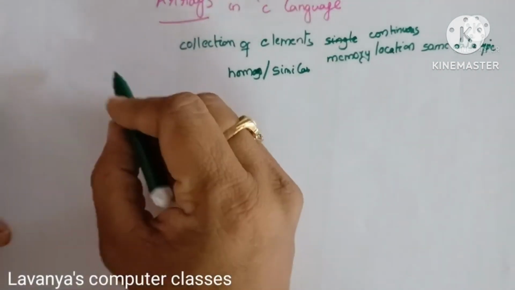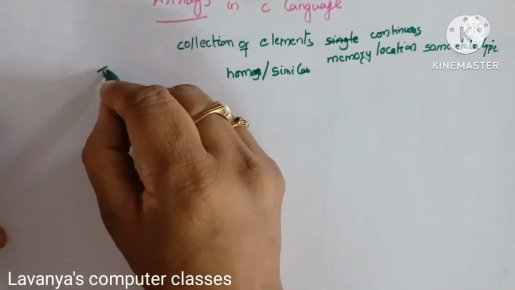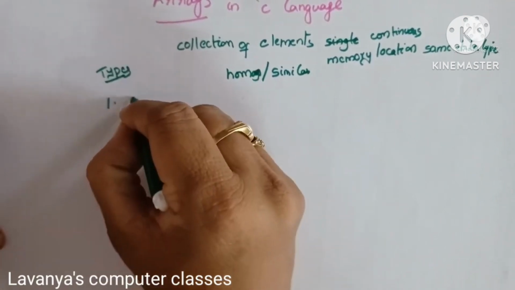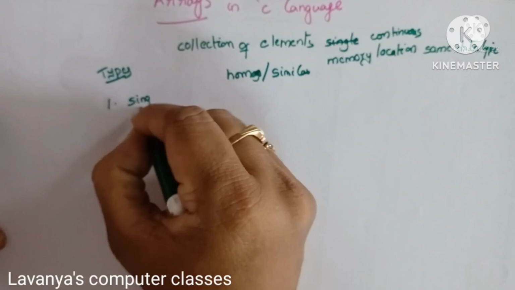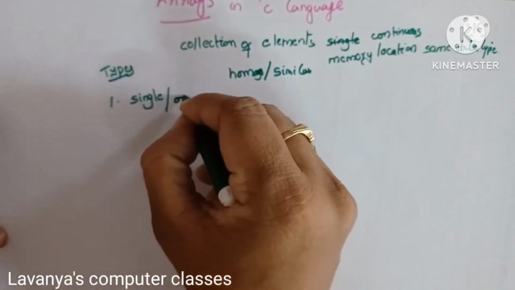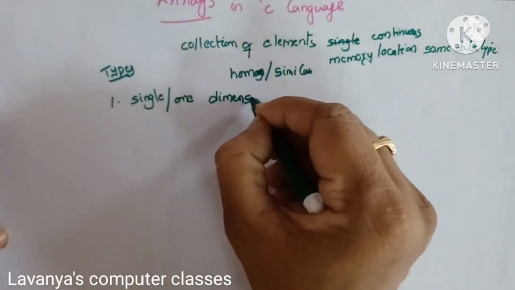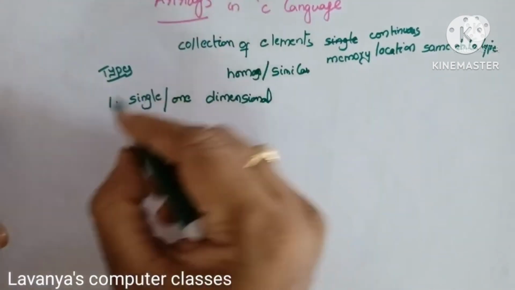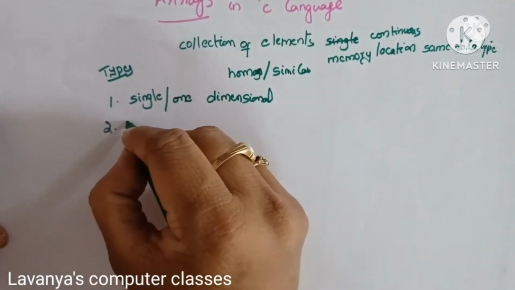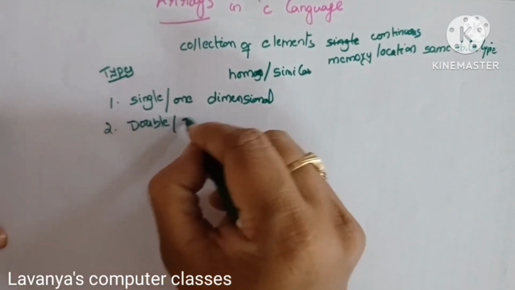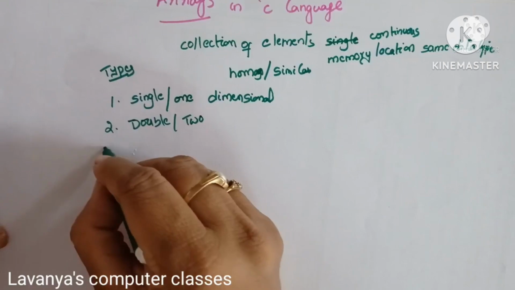So how many types of arrays do we have? There are three types of arrays. One is single dimensional or one dimensional array. Second one is two dimensional or double dimensional array.